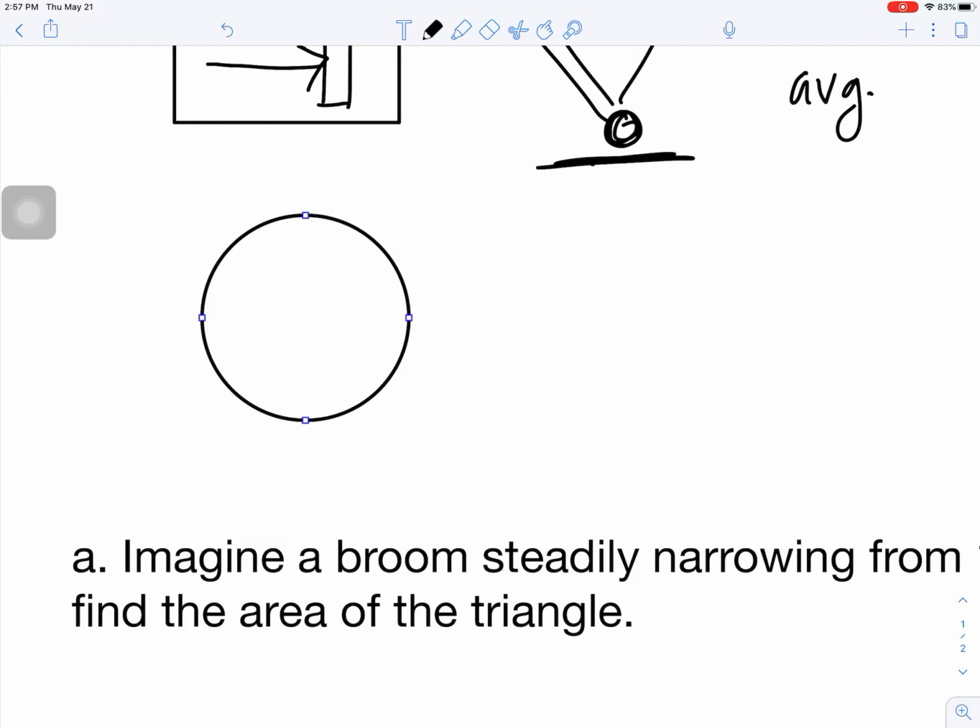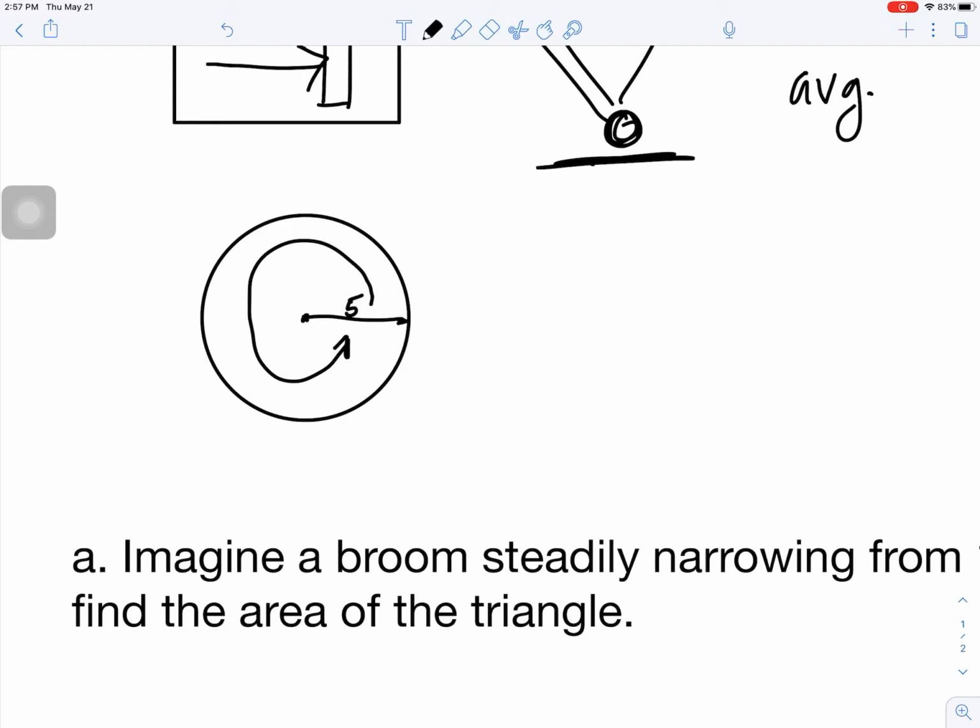So if we have one of these circles, for example, with a broom going across that circle, turning all the way around, with a radius of 5, it's asking how far does point A move around in one full turn?